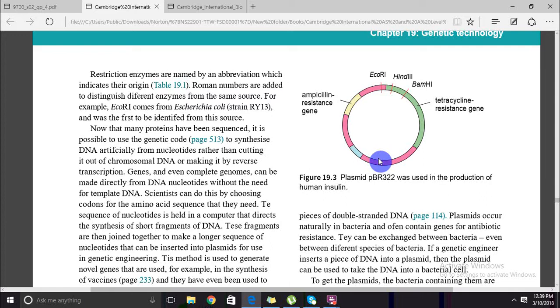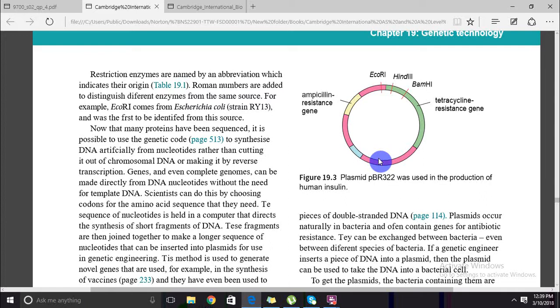Scientists can do this by choosing codons for the amino acid sequence that they need, right? And the sequence of nucleotides is held in a computer that directs the synthesis of short fragments of DNA.